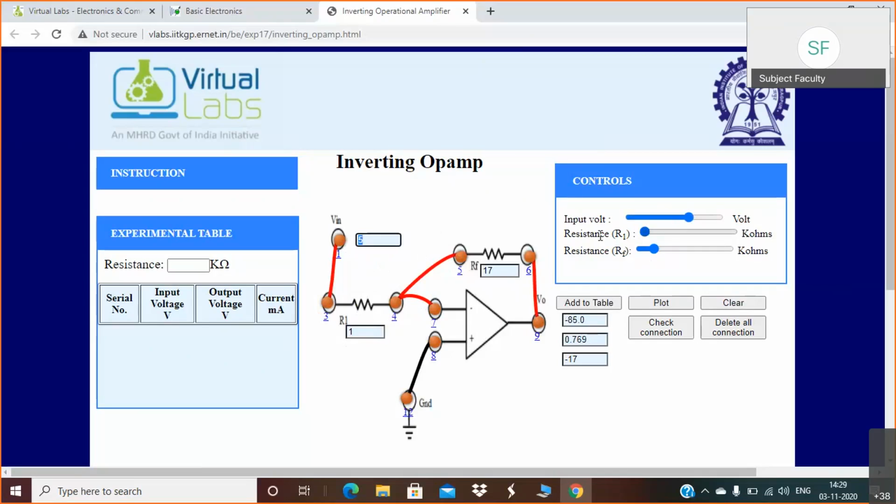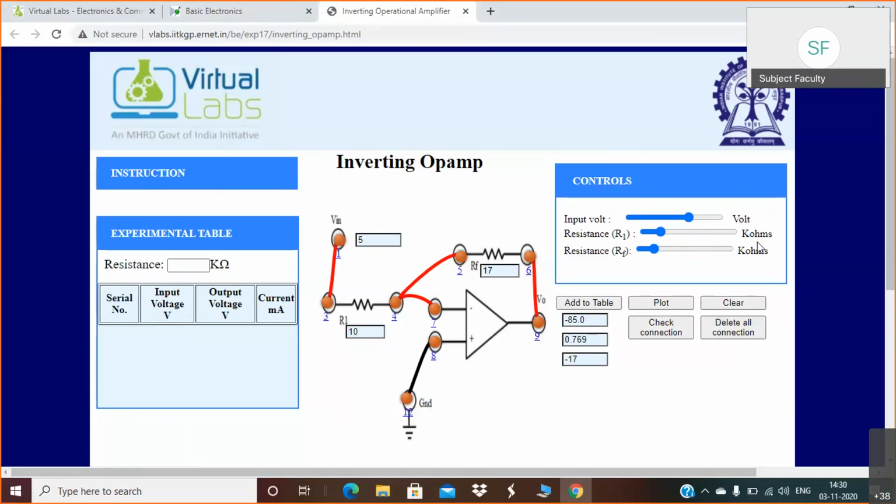Next is resistance R1. It is here. This was your Vin, and this is resistance R1. Now we will select the value of R1. If you observe, it is in kilo ohms.